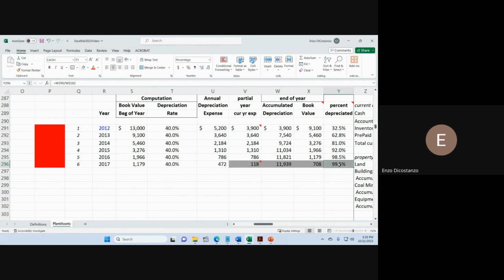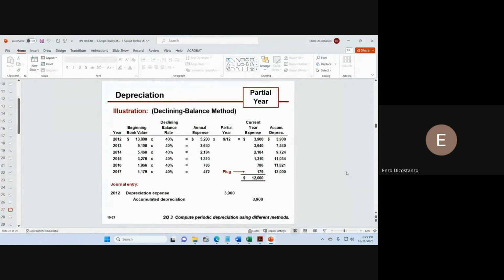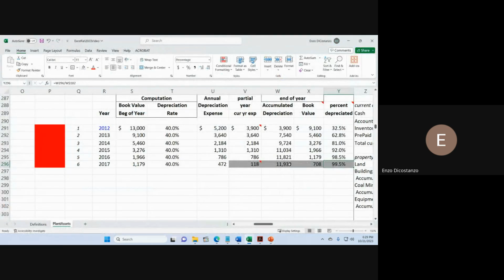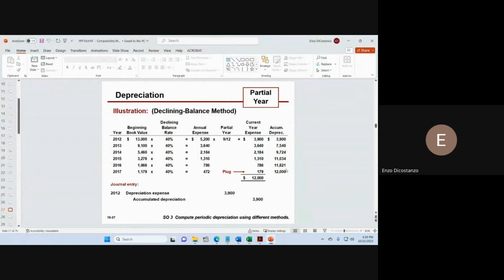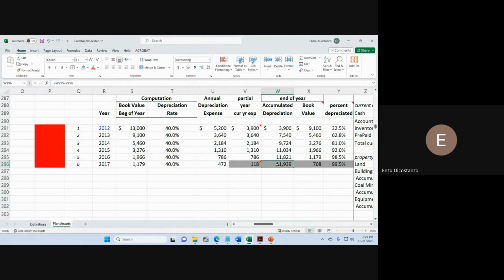Because now the percent depreciated is only 99 and a half. Okay, you want the accumulated to be 12. So you're off by 61, right? 61. So equals 118 plus. Yeah, there's your 179.